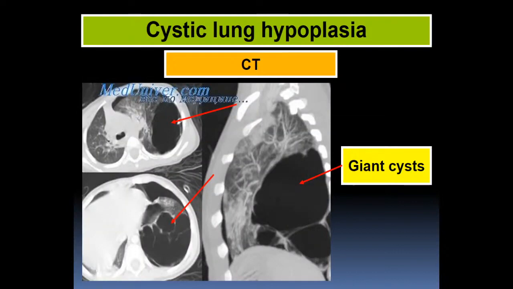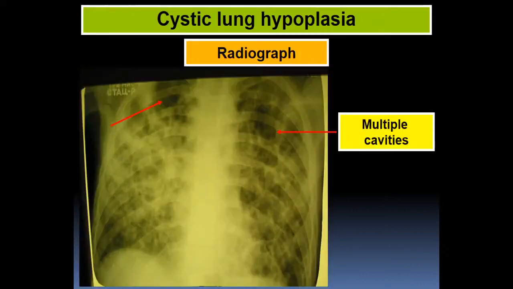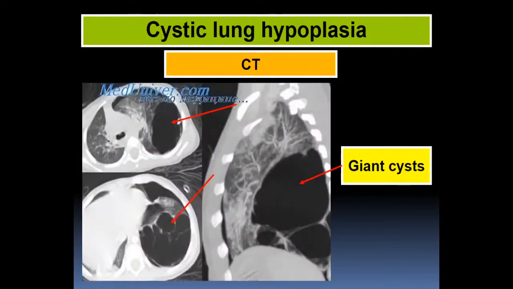The next disease for differential diagnostics is named cystic lung hyperplasia. On X-ray in this disease we can see the symptom of dissemination, looks like dissemination with multiple cavities. But on CT scan, we see many cysts with very, very thin walls.